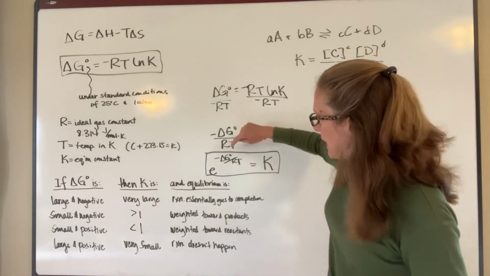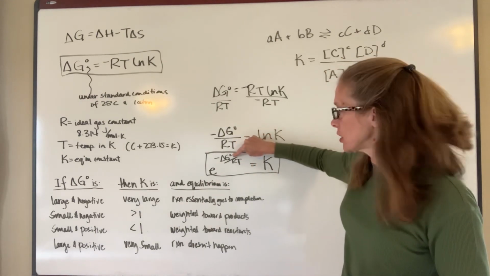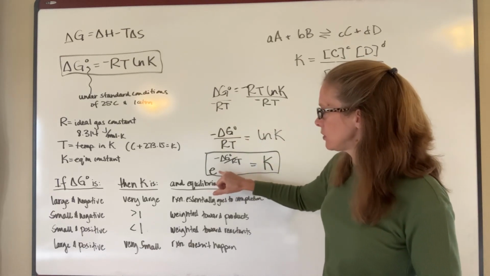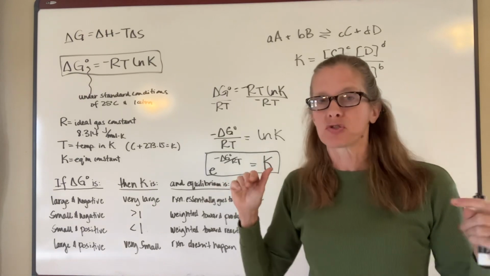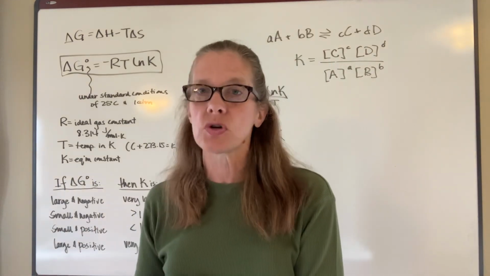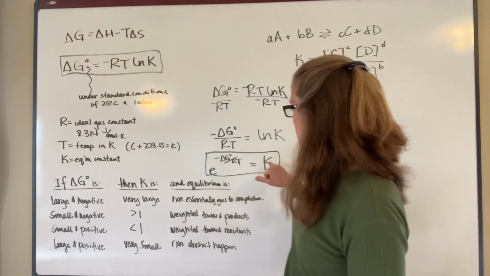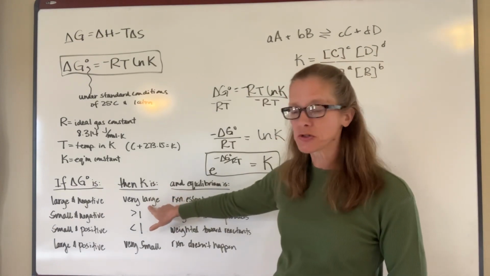And if delta G is large, it means you're going to take e and raise it to a big power. So you're going to multiply e by itself numerous times, and that's going to make K very large also.